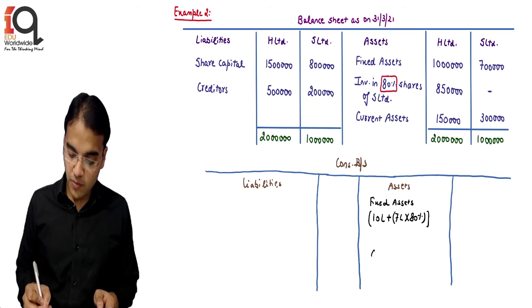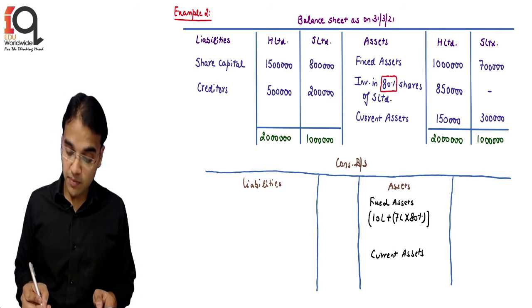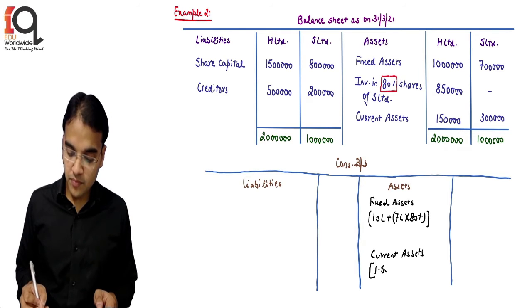Okay. Then there will be current assets, because I have to explain you one more concept here, the additional concept. That will be 1,50,000 plus 3 lakh into 80%.